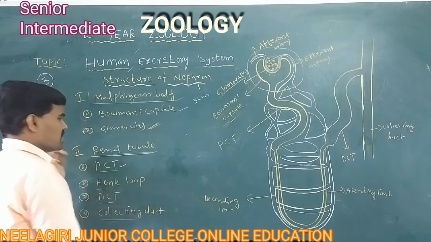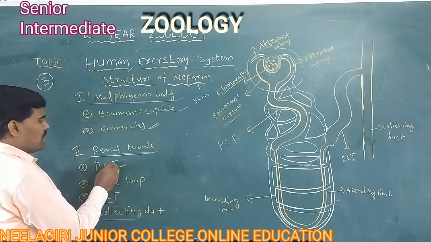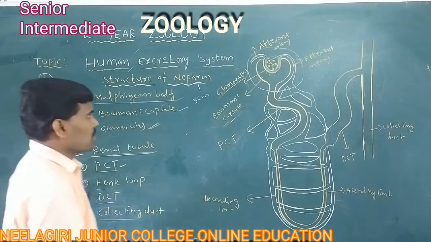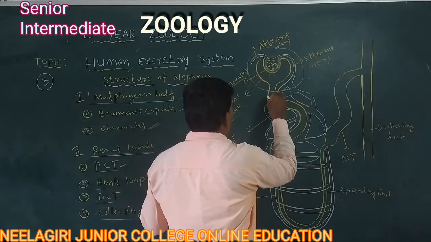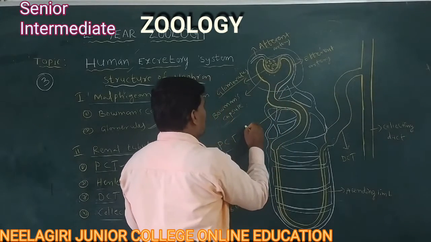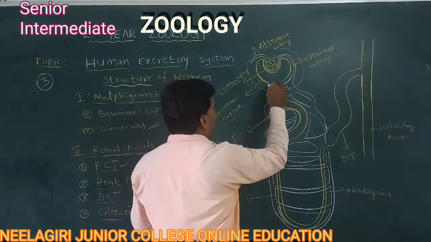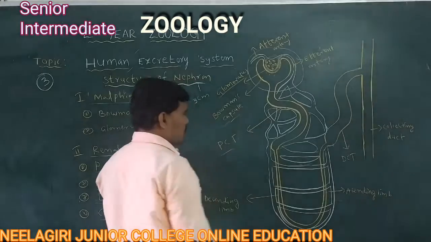In the renal tubules, the first part is the PCT, meaning proximal convoluted tubule. The proximal convoluted tubule is the neck part behind the Bowman's capsule, going up to the medulla.